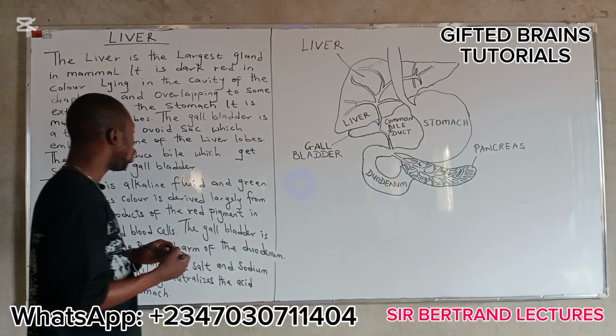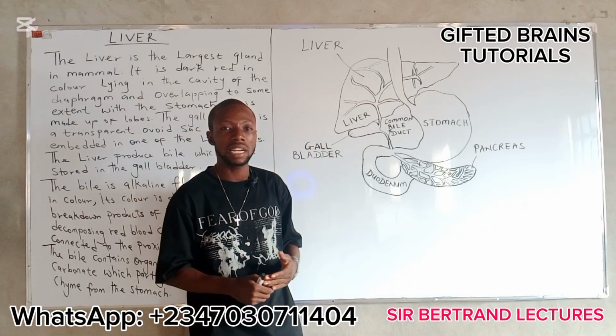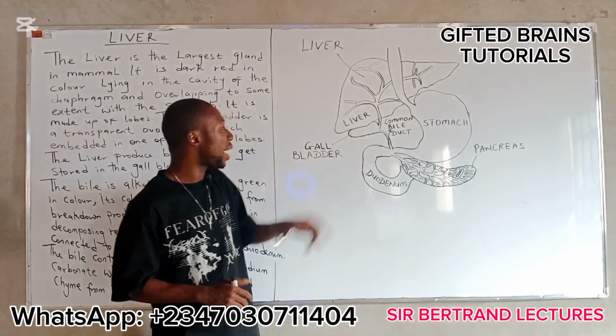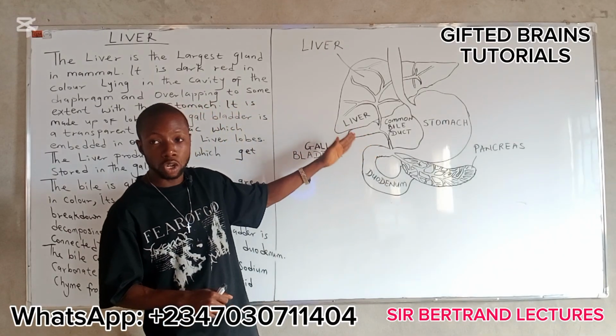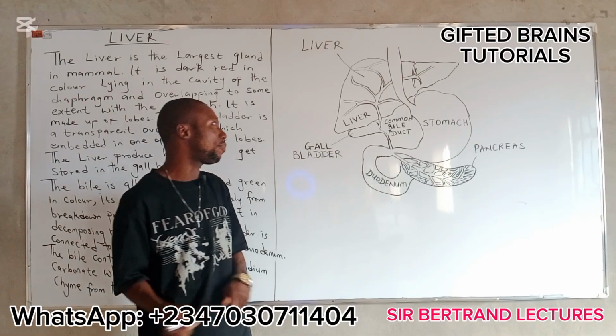The liver produces bile, which gets stored in the gallbladder. That is to say, the bile is stored temporarily in the gallbladder, but this bile is produced by the liver.